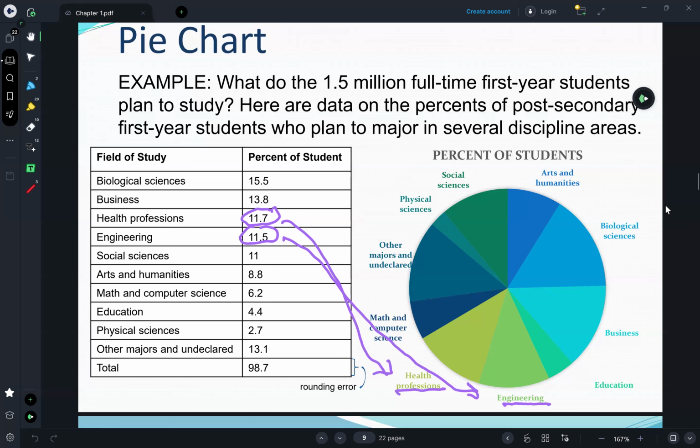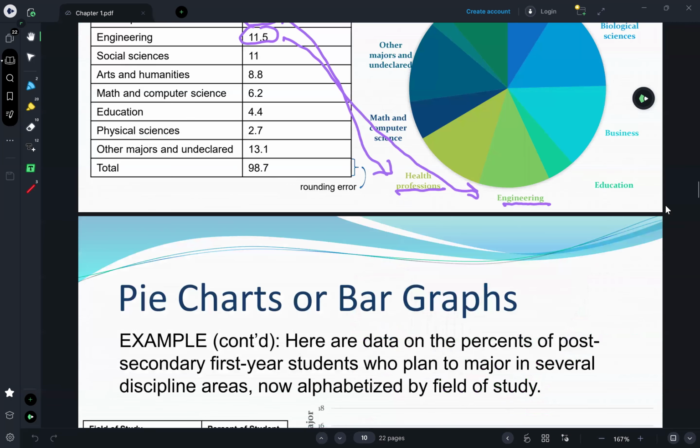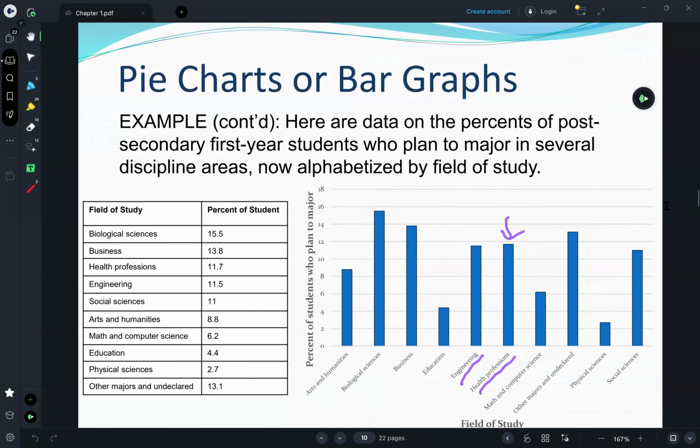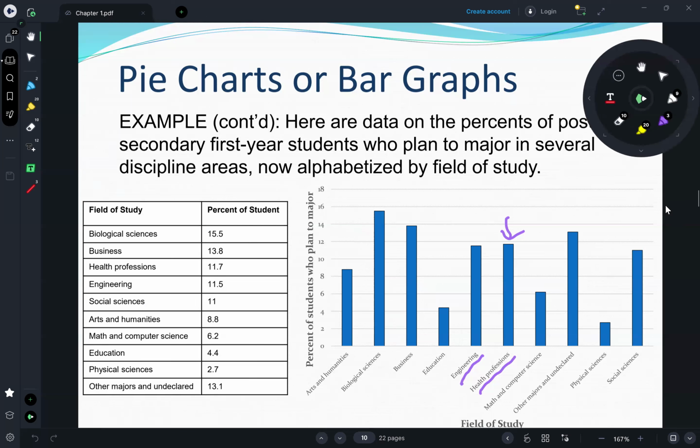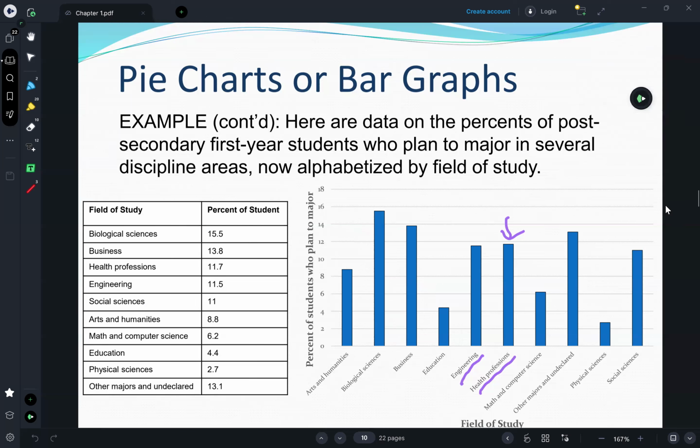It would be hard. So instead, much better to have the bar graph. And you can see here I've underlined engineering and health profession. And you can see there that the health profession bar is just a little bit taller than the engineering. If you look at the height of the bar, just by a little bit, right? 0.2.